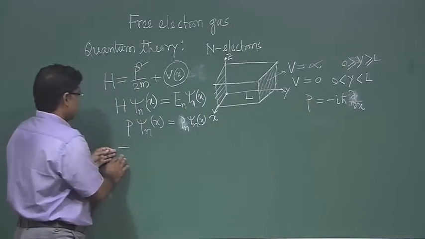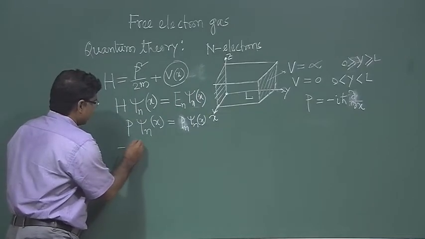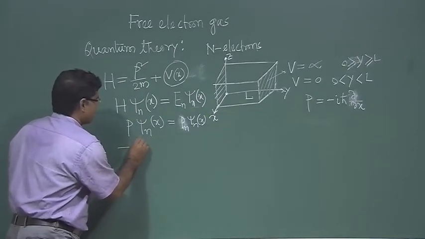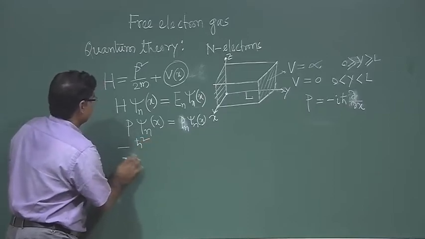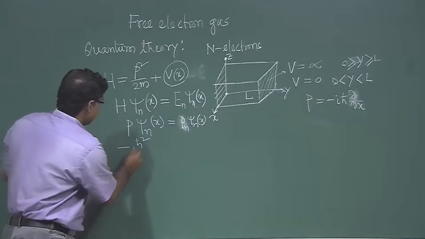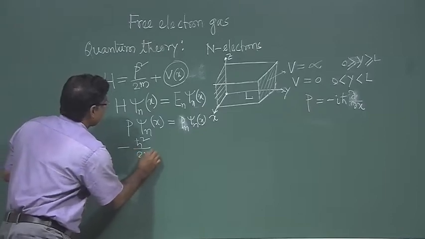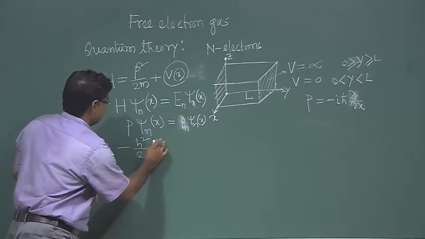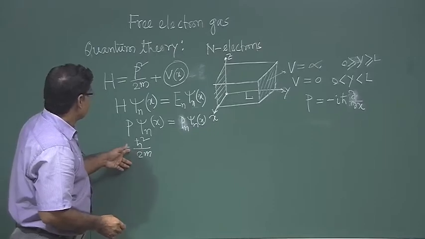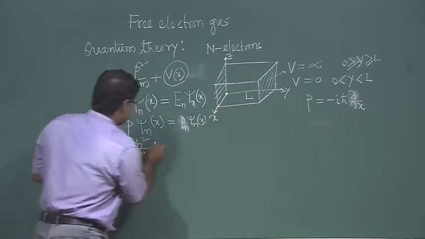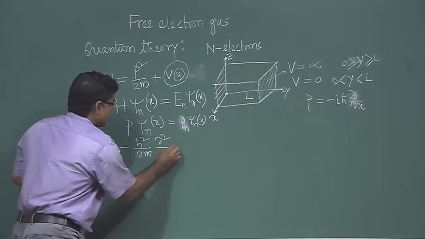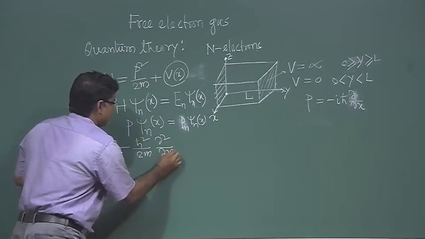So it will be minus h cross square by 2m, del 2 by del x square.